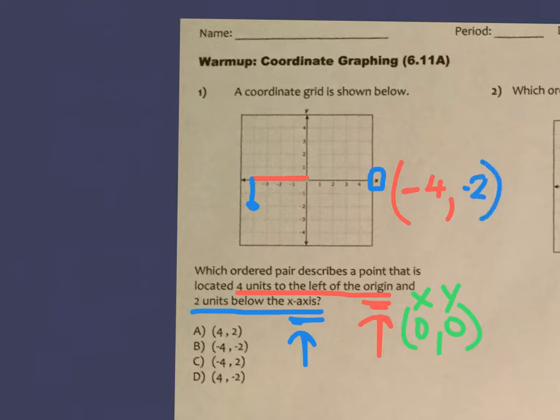X is -4 because we've traveled left of 0, which is negative, and y is -2 because we've traveled below 0, which is also negative. Answer choice, -4, -2 is right here. Answer choice B.